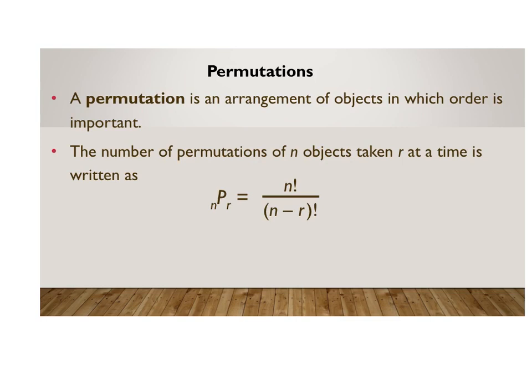If I'm nominating people to be on a committee, who cares who gets picked first and who gets picked last? Right? We're just drawing names out of a hat. Doesn't matter. But if I'm nominating 3 people, one of which will be president, one is vice president, and one is secretary, it matters. They have different roles within the organization. So it's going to matter who is which. So that means order matters.